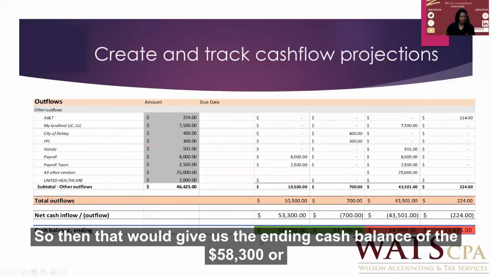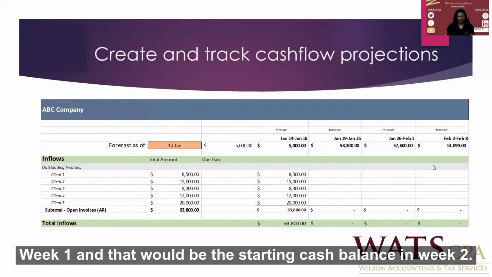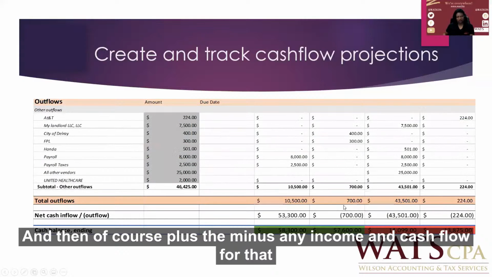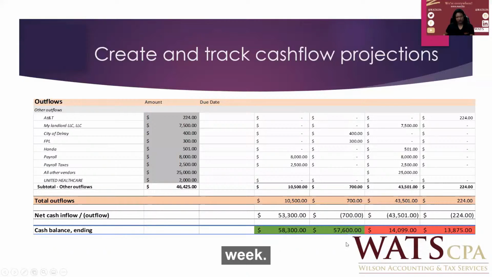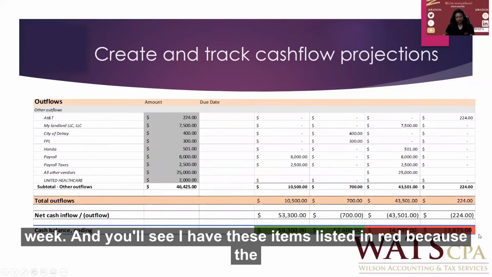That gives us an ending cash balance of $58,300 for week number 1. And so what you would do is take that ending cash balance from week 1, and that would be your starting cash balance in week 2, and then of course plus or minus any income and cash flow for that week. That's how you would track your ending cash balance week to week.